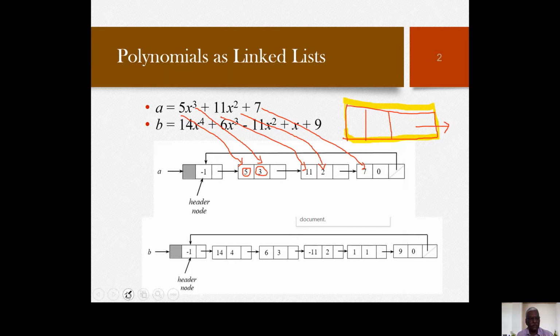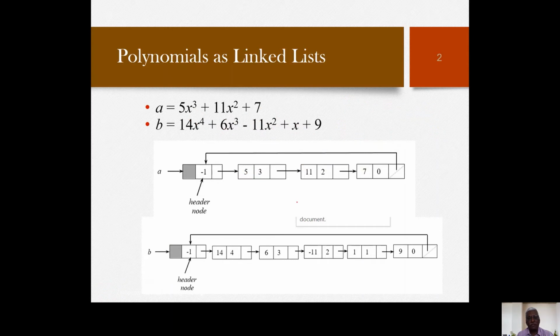So here we have the terms of the polynomial. Each term represents a node in the linked list. This is a very convenient form of representing any polynomial using a circular linked list with a header node.